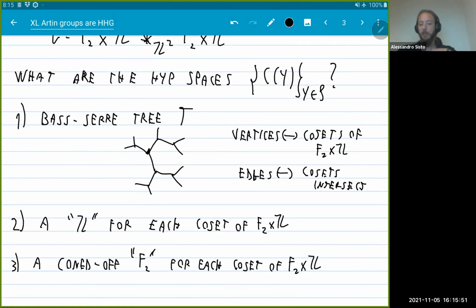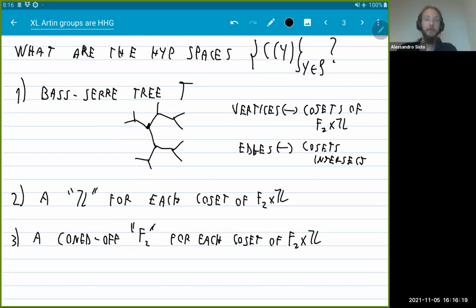In any case, hopefully it makes sense that if you know where a point lies above the Bass tree, you know at which height, let's say, it lies on this F2 cross Z, and where it lies on the F2, then you can reconstruct where the point is. Hopefully that makes sense.